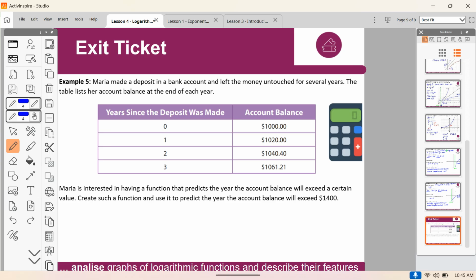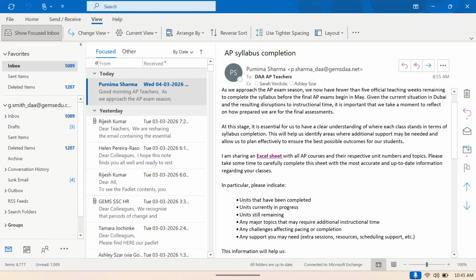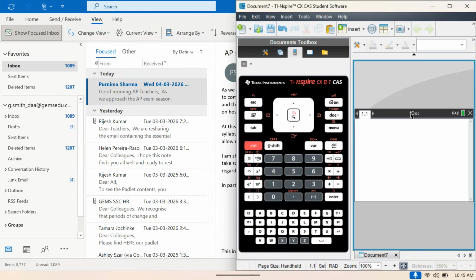So let's start off by finding the function in terms of an exponential. What we're looking for here is the base. So pull up our calculator, and we have 1020 divided by 1000.